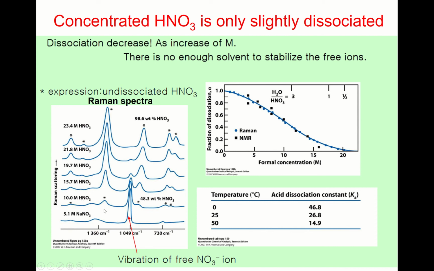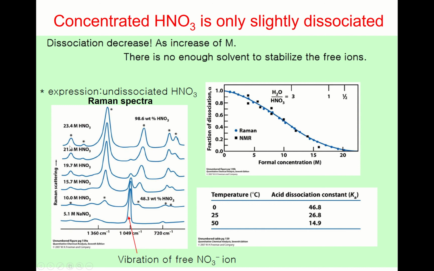As a reference, someone took the Raman spectrum of sodium nitrate. It has several different peaks, 1, 2, 3, 4, 5, 6, 7, at least 7 peaks.